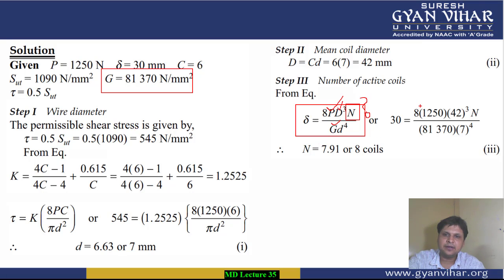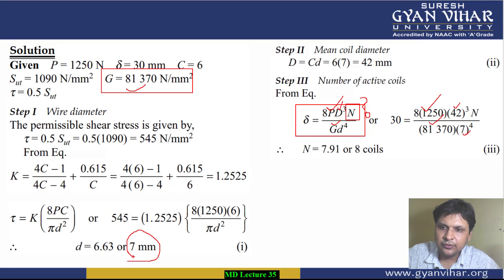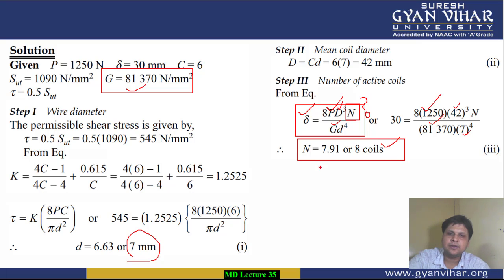Putting all those values, like load 1250, mean coil diameter 42 mm, modulus of rigidity 81370, and wire diameter 7 mm, which we have also calculated here, using all these values, students, from the load deflection equation we can calculate the number of coils.